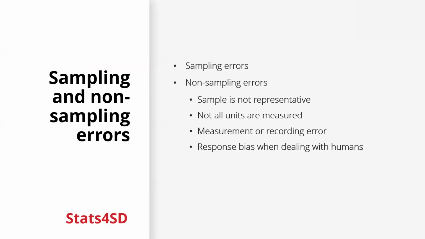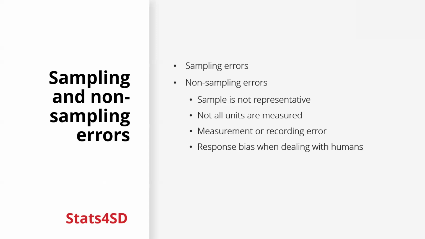We select one sample at random. But we could have selected other samples. We selected just one possible sample among many possible samples, and each sample would have produced different results.